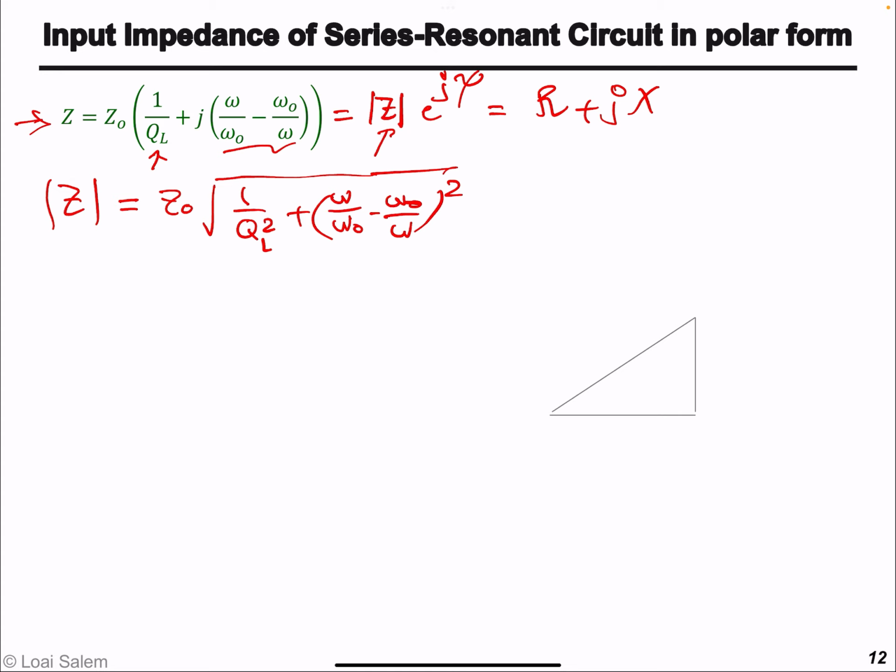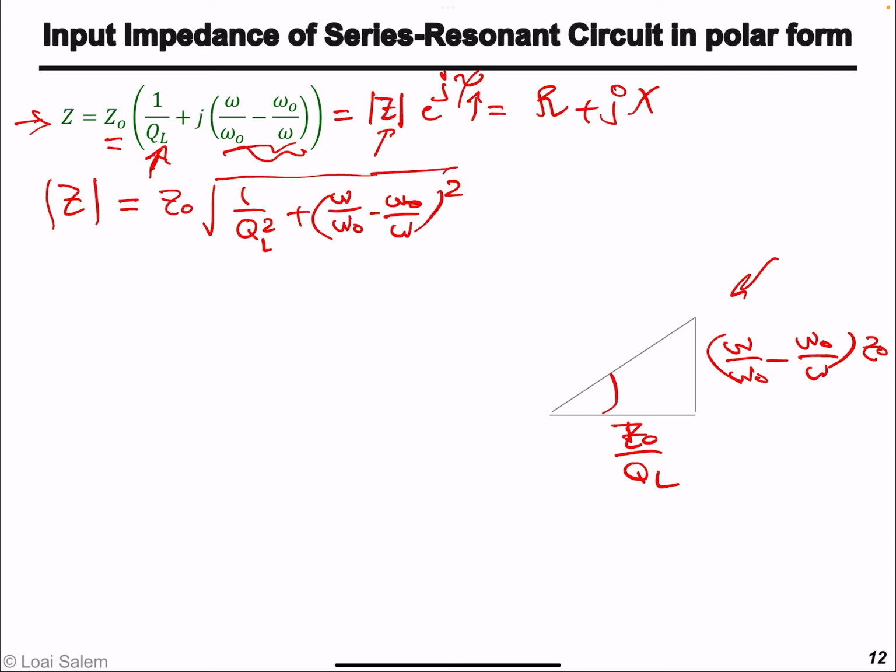And the value of psi: if we represent it in a triangle, the imaginary part is omega over omega naught minus omega naught divided by omega, multiplied by Z naught, and the x dimension will be Z naught divided by QL.